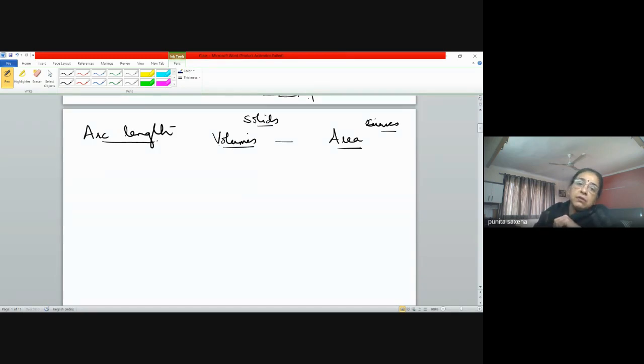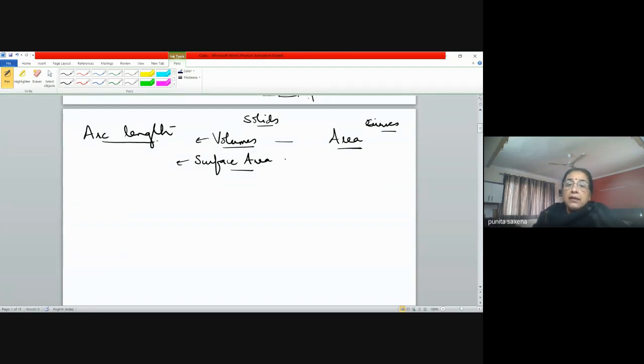But for three-dimensional solids that you have studied, you have also talked of surface area. Along with volume, we also find surface area. Now what is surface area? Because they are three-dimensional solids, volume is the amount that they can contain, and surface area is the area which their boundary covers.